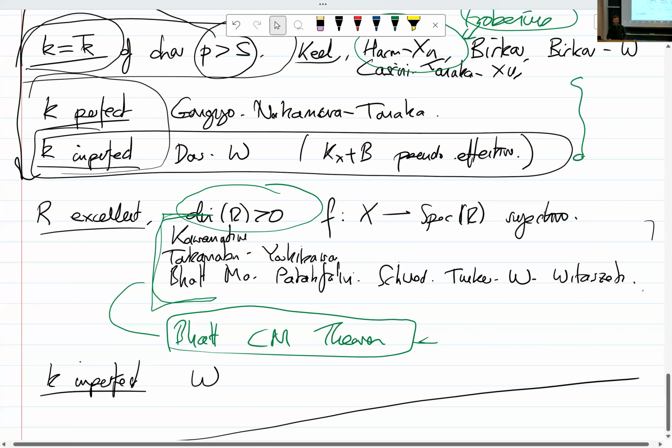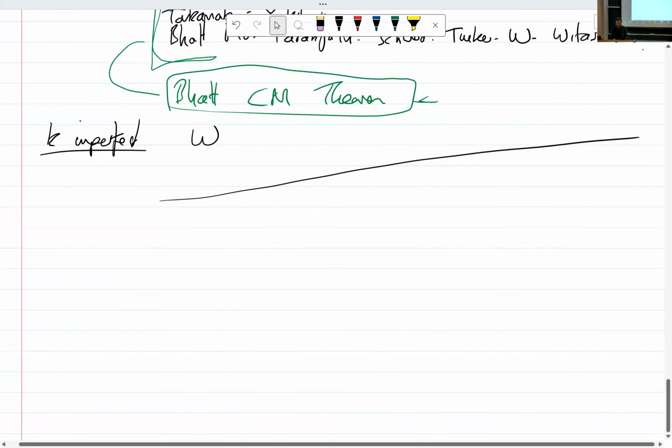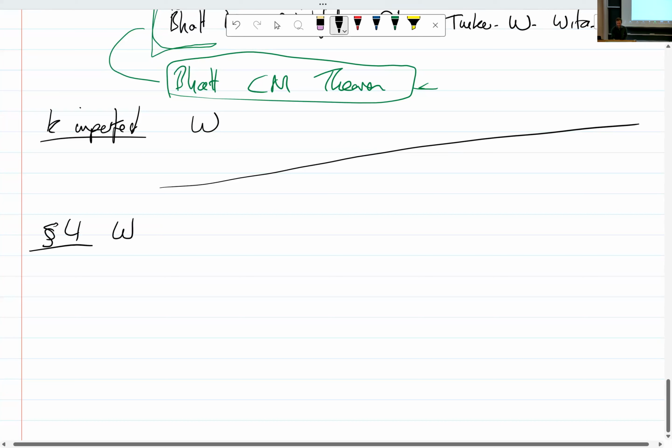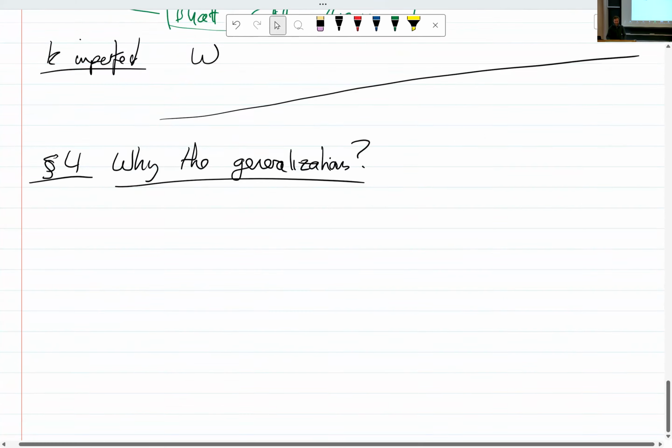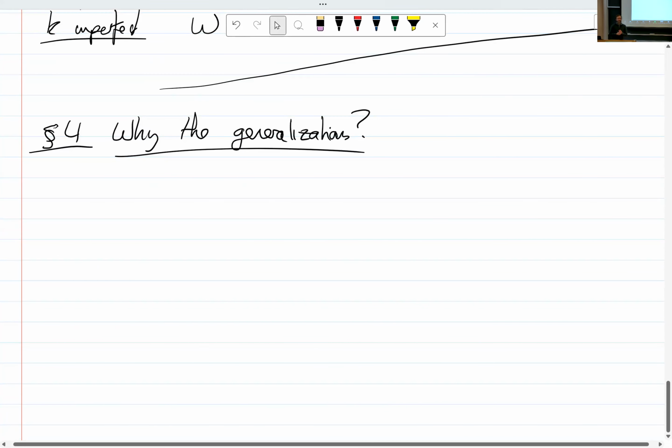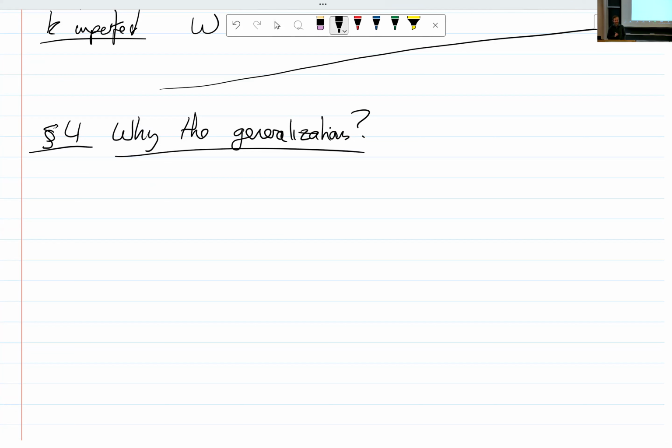Okay, so this is section 4, why the generalizations. I guess you should bear in mind the part I'm going to justify through this talk is the base point free theorem. So that's the semi-ample part, not the flip part or the cone theorem or any of the termination. But we're going to be talking about the base point free theorem.